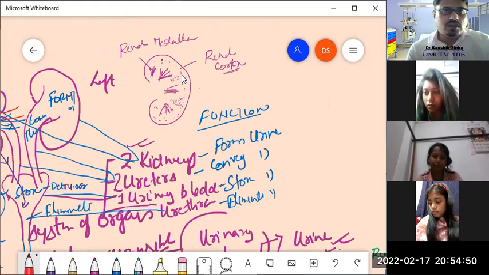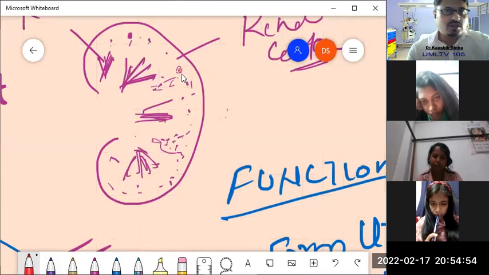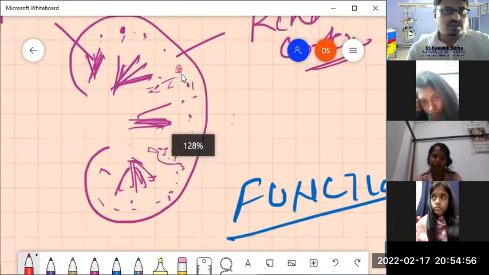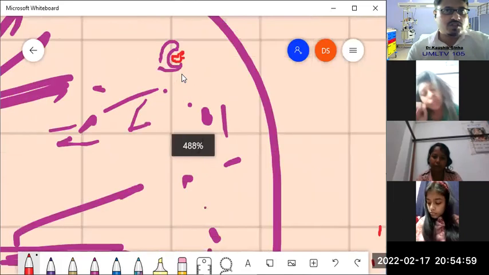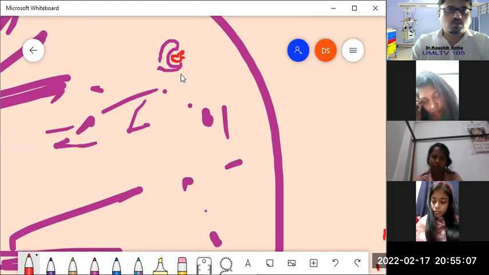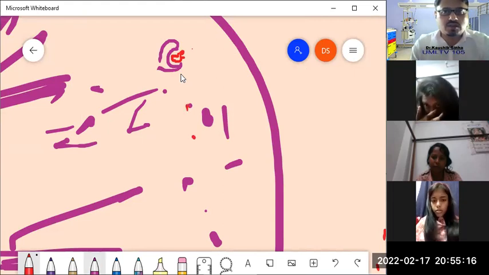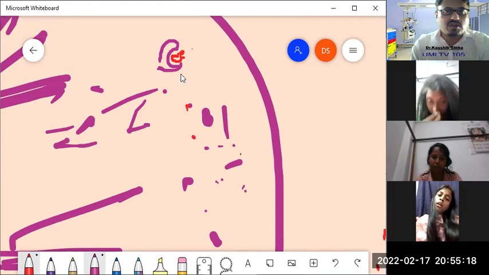Now, on increasing the magnification, if I use a microscope to see the structure, I will see on a higher magnification that the structure has a shape similar to the Bowman's capsule and the enclosed glomerulus. So these two structures taken together are known as the renal corpuscle. So all these dots out here are basically renal corpuscles. Clear?